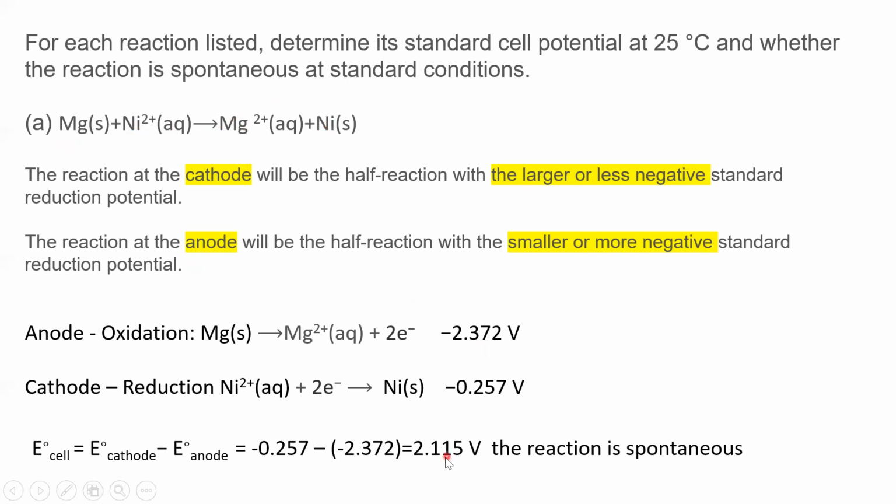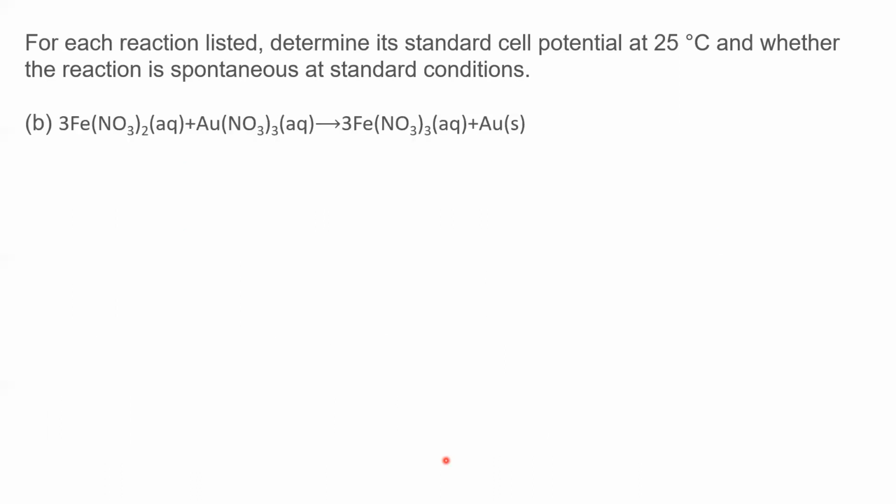As long as the reduction potential difference is a positive value, the reaction is spontaneous. If the value is a negative value, it's non-spontaneous. Let's look at another reaction. The nitrates are all spectator ions.